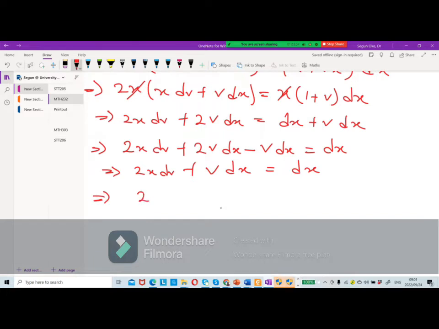So this is where the variable separable is now useful: equals x minus v dx. So I can easily say 2x dv equals 1 minus v dx.